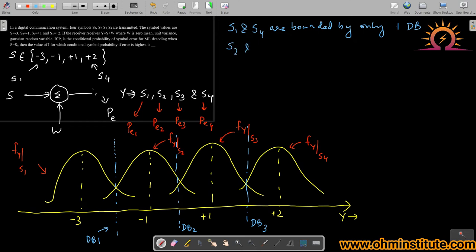That is, S2 and S3 are bounded by two decision boundaries. Therefore, I could say probability of error for S2 and S3 will be higher compared to S1 and S4, or probability of error for S1 and probability of error for S4 will always be less than probability of error for S2 and probability of error for S3.